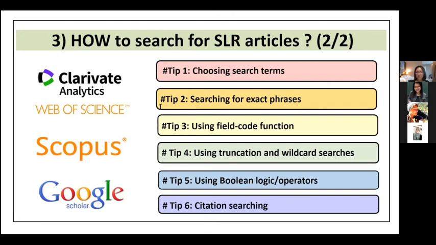Why? Because in Google Scholar, we can get many different types of article, whether the article is published in a cited journal or a non-cited journal.